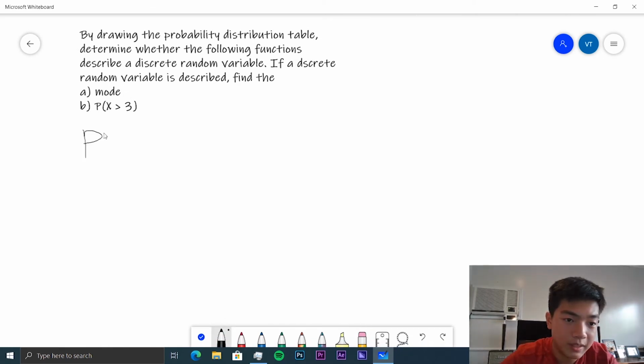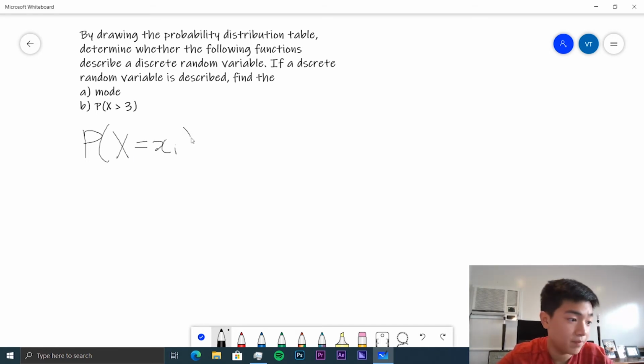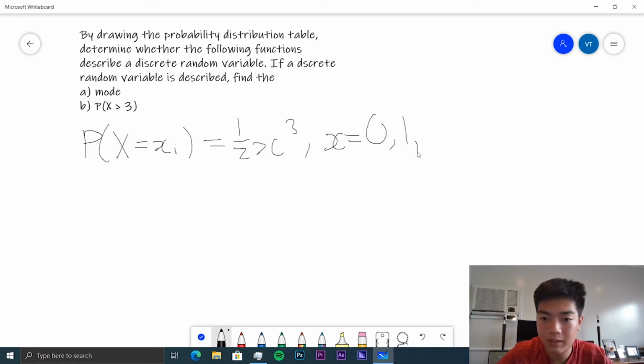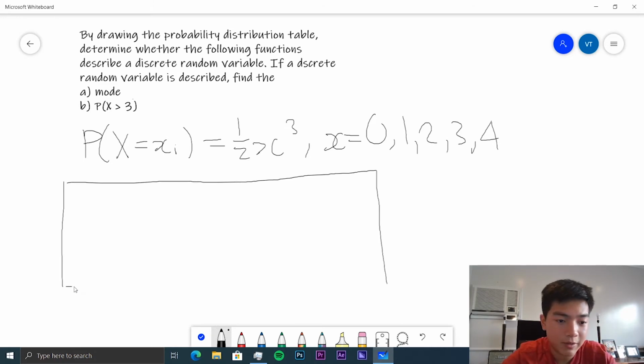The probability of capital X being equal to a certain number is equal to 1/2 x cubed for x equal to 0, 1, 2, 3, and 4. Let's calculate the probability distribution table and see whether this is a discrete random variable.